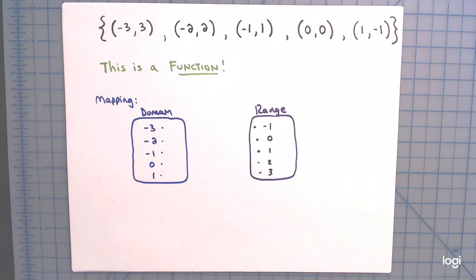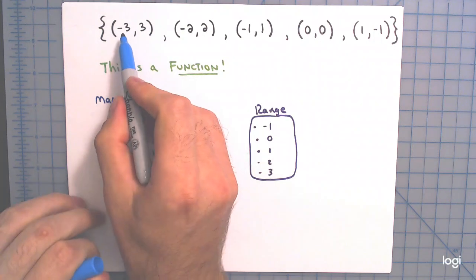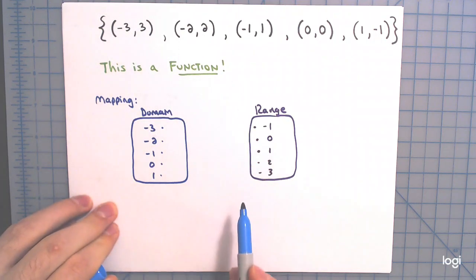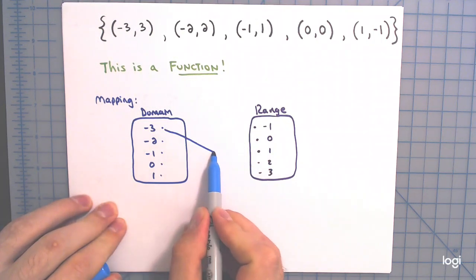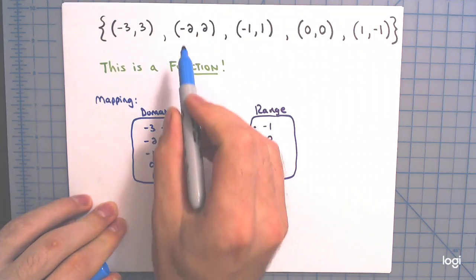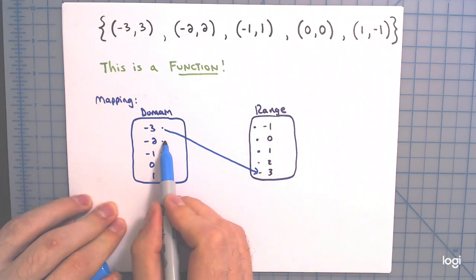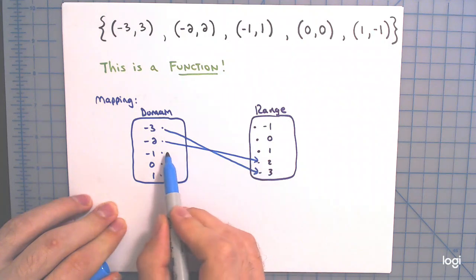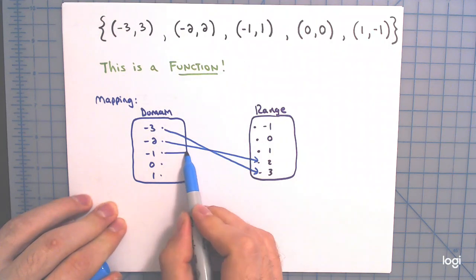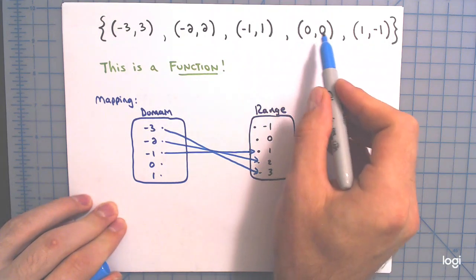And then I draw the little arrows for the relationships that we're seeing. So we're seeing -3 in the domain corresponds to 3 in the range. Right? So -3 to 3. -2 in the domain to 2 in the range. -1 to 1. 0 to 0.